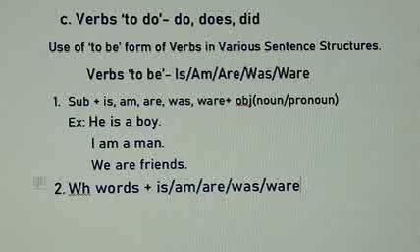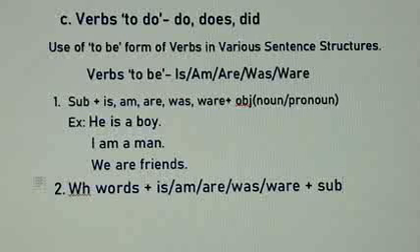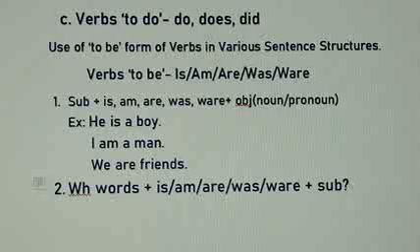Then after that we need to add the subject. In the last we will add the subject, and after that, just remember what I have told you in my previous videos, that in an interrogative sentence, after the last word, we need to use a sign of interrogation.